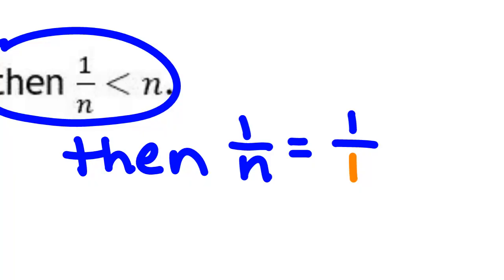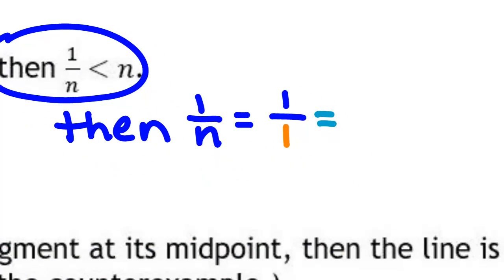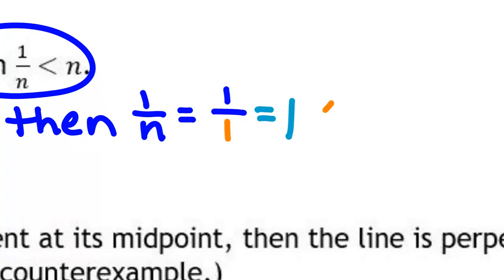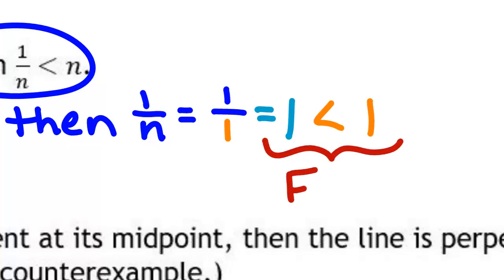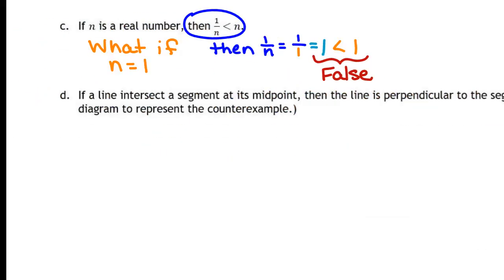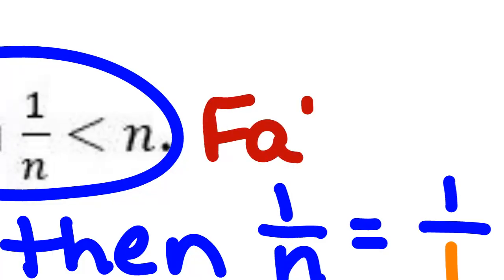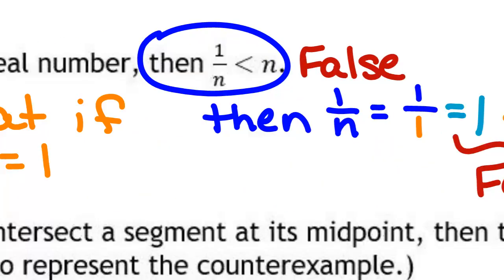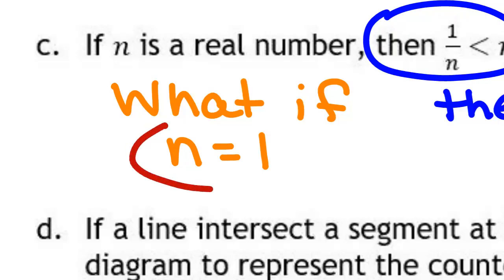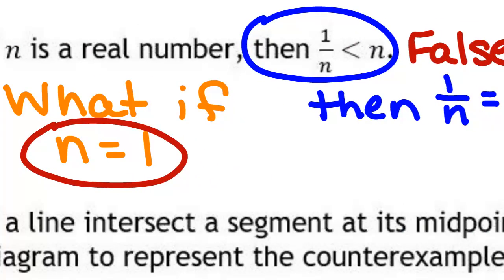What is 1 over 1? That'd be equal to 1. Is that less than 1? No. 1 is not less than 1. This is false. So n equals 1 is my counterexample.